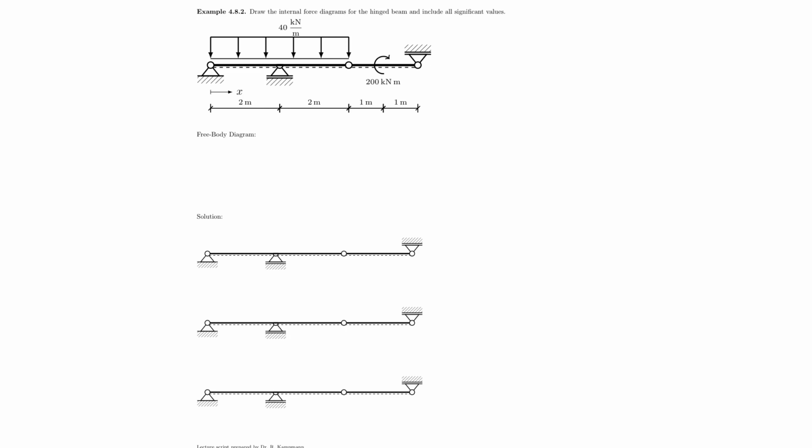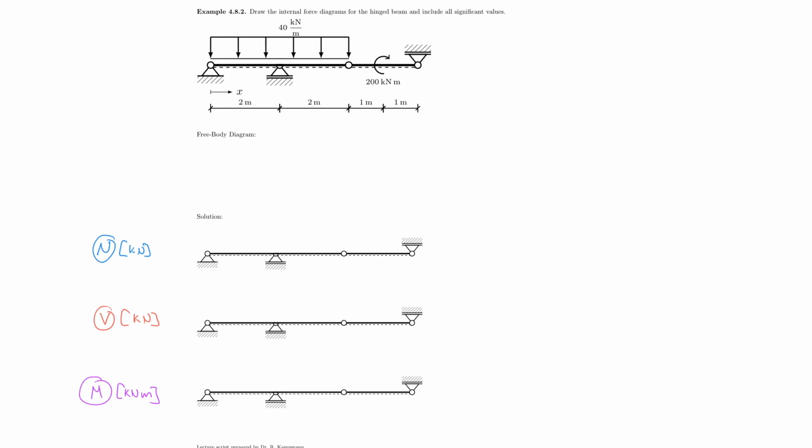So let's again draw the normal force diagram, which in this case is in kilonewton. And then we do the shear force diagram, which is also in kilonewton. And then we do the moment diagram in kilonewton meter.